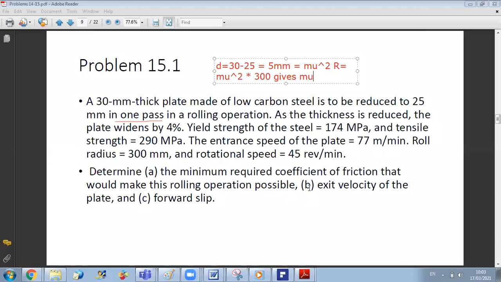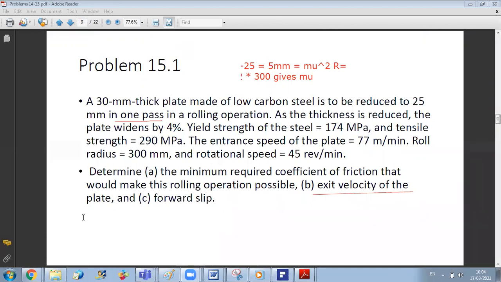Then, what is the exit velocity of the plate? Whenever they ask for the exit velocity, think about the conservation of volumetric rate. We have seen together last time that the rate of material passing through the inlet is equal to the rate going through the outlet because it's a steady operation.